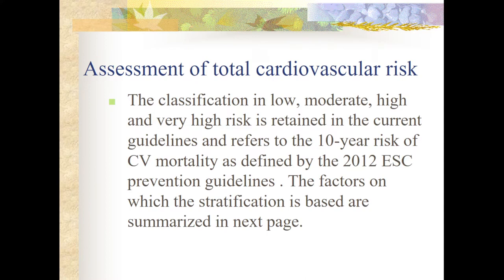Assessment of total cardiovascular risk. Classification in low, moderate, high, and very high risk is retained in the current guidelines and refers to the 10-year risk of cardiovascular mortality as defined by the 2012 European Society of Cardiology Prevention Guidelines.